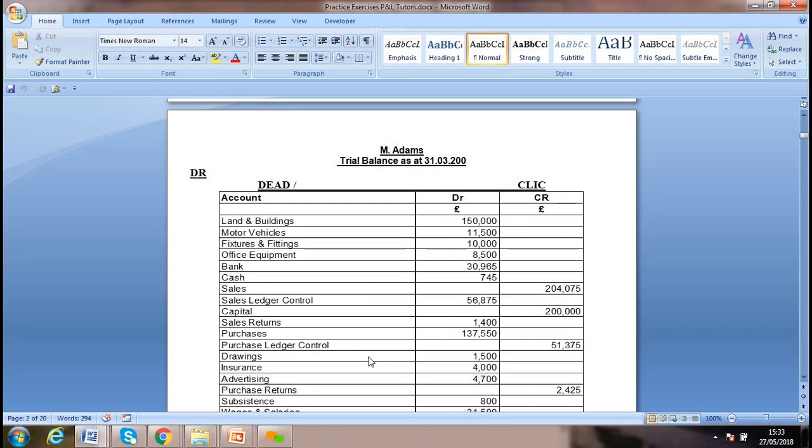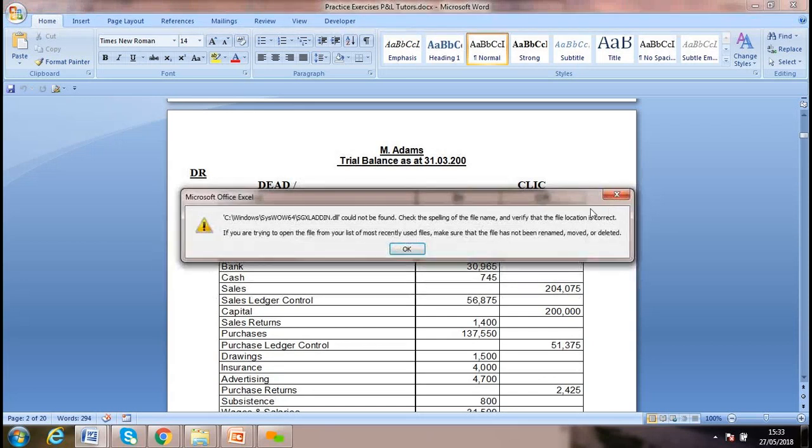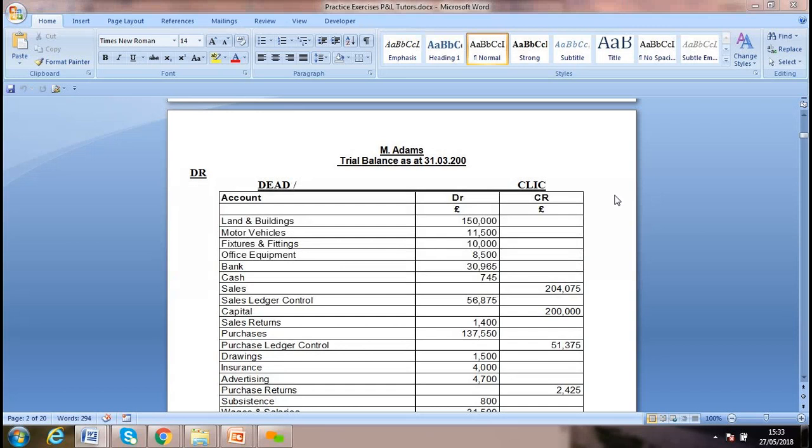Drawings goes on the debit side. Insurance is expense, debit side. Advertising goes on the debit side, it is expense. Purchase return goes on the credit side. Purchase is debit. Purchase return is a credit.